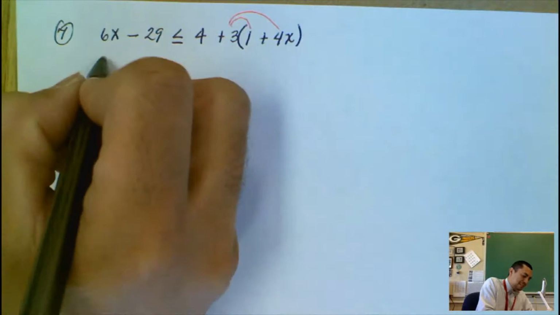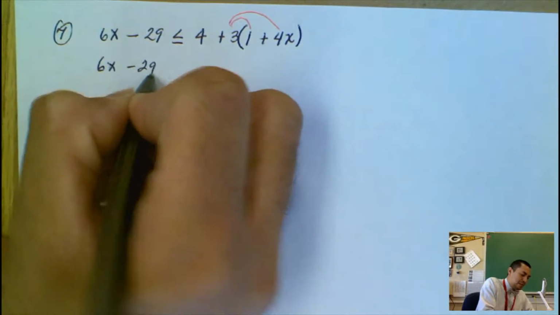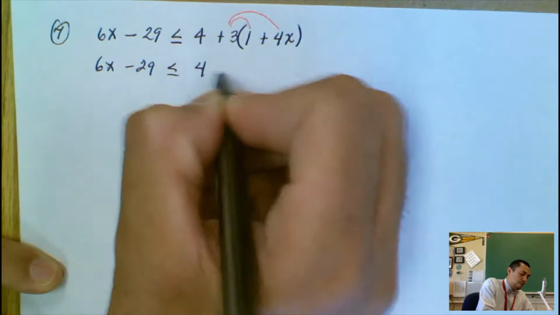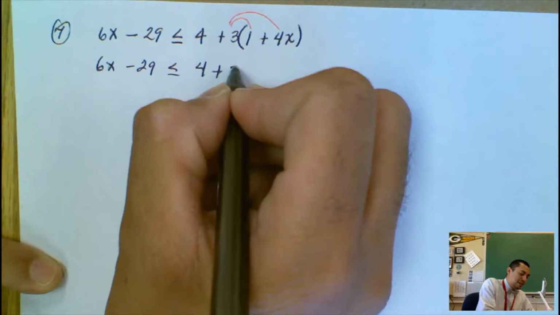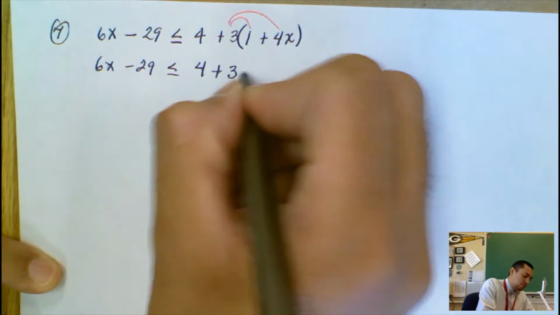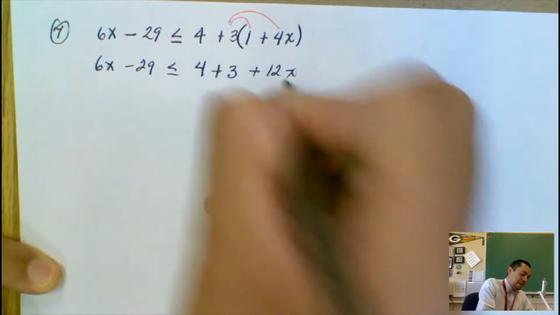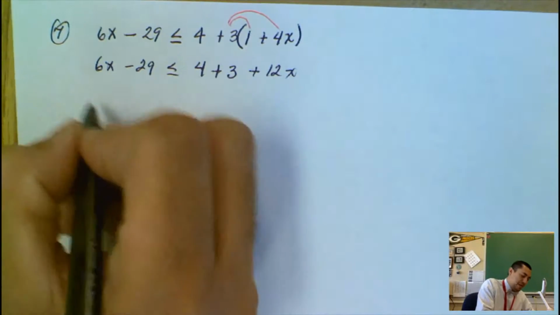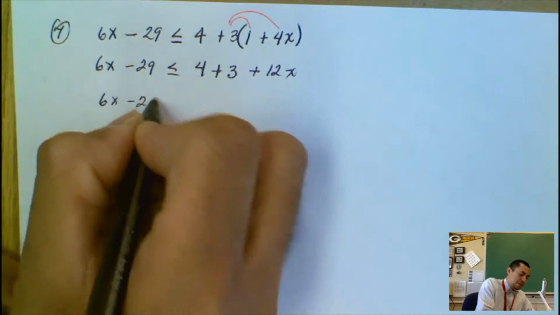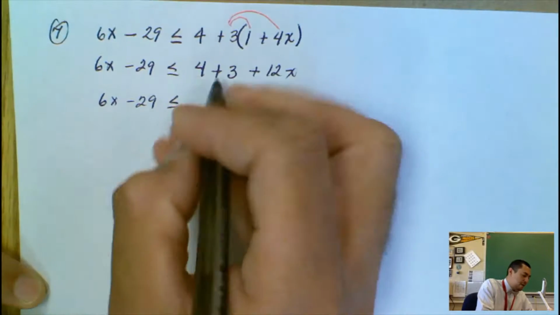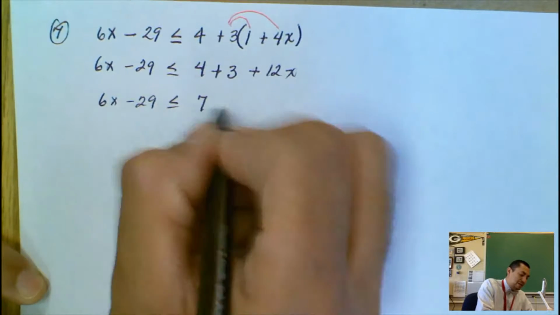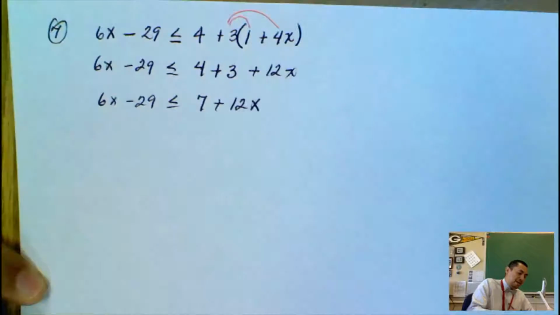So I have 6x minus 29 less than or equal to 4 plus 3 times 1 is 3. 3 times 4 is 12x. Simplify 4 plus 3. So 6x minus 29 less than or equal to 4 plus 3 is 7 plus 12x.